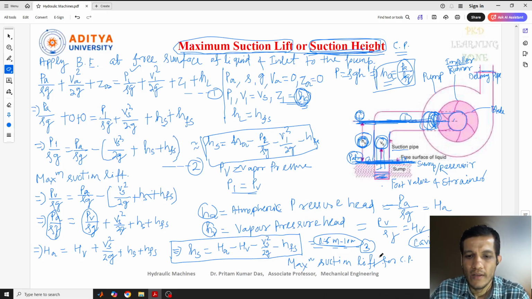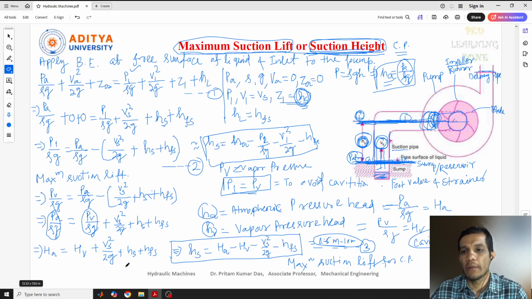Once you identify the maximum height at which the pump should be placed, we can easily avoid cavitation. That is why we consider P1 equal to PV and why we calculate this: to avoid cavitation in the centrifugal pump.